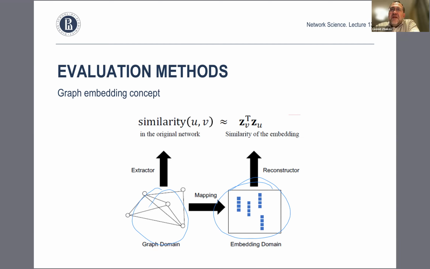For example, if the interesting property is some sort of similarity in the graph, we need a metric that computes that similarity, and that similarity can be, for example, even adjacency. And so we should be able to reconstruct who the neighbors are in the graph, and we should be able to do this through our embedded representation.